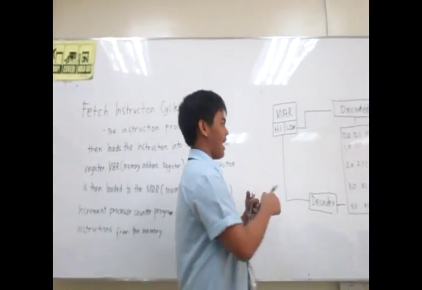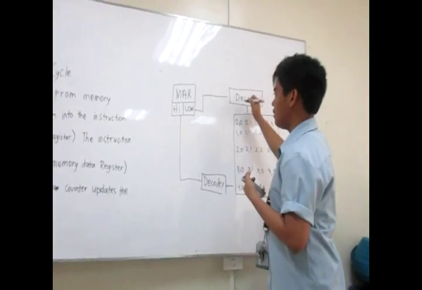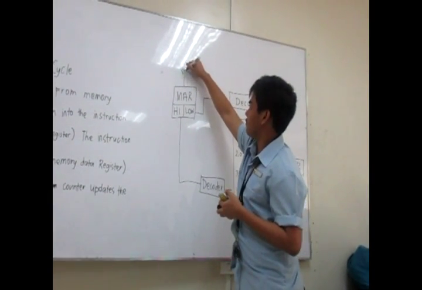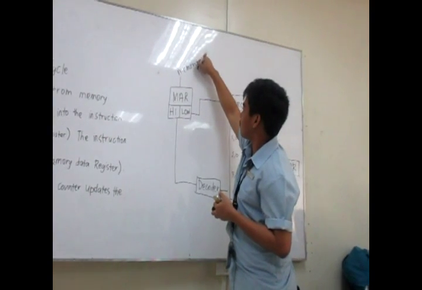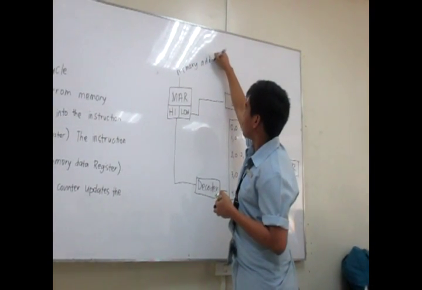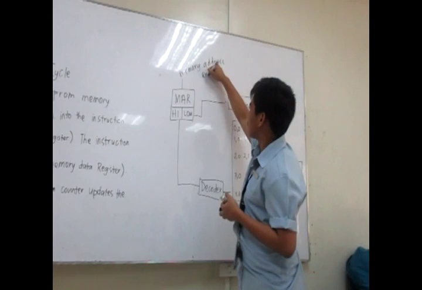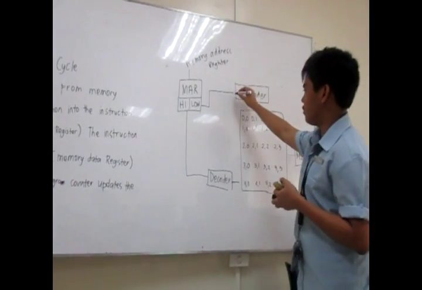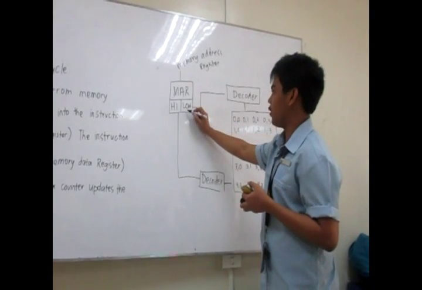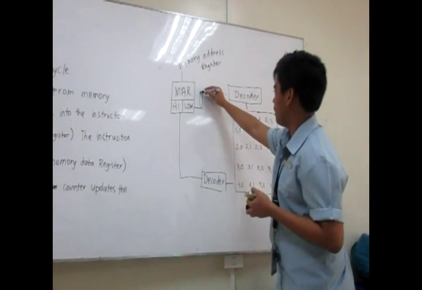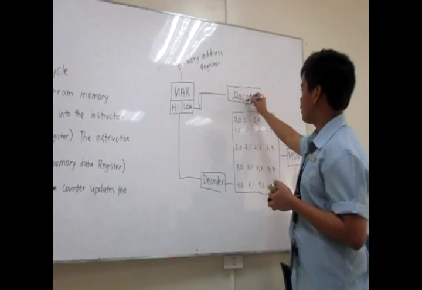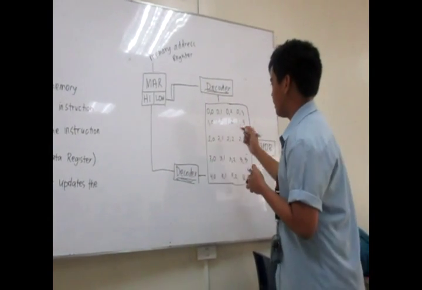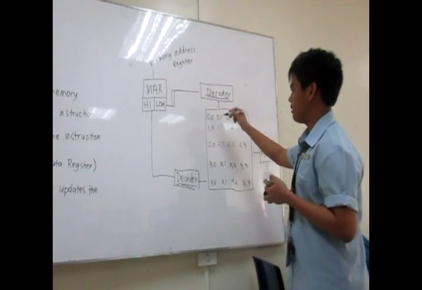So here's the diagram. This is the MAR or the memory address register. And these two, it can be high or low. From here, it decodes the input, then it increments by 1.